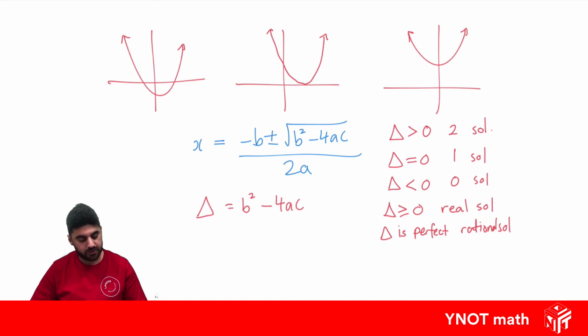So we get rational solutions, which means if delta is not a perfect square, we get irrational solutions. So that's when we have something like 5 in here, we have the square root of 5, which is an irrational number, and we get irrational solutions.